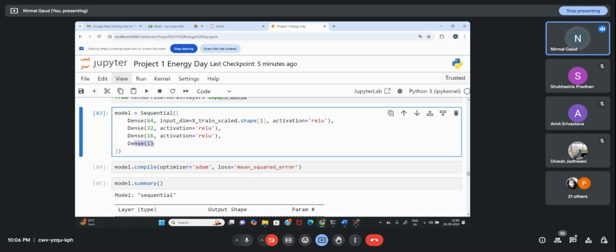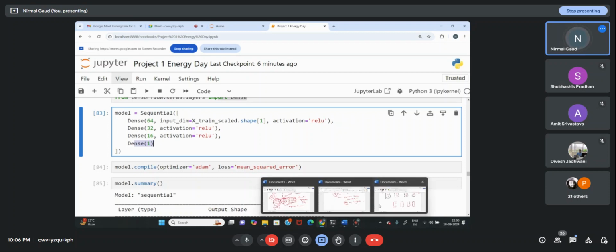We just build such an arrangement, and we see how much score we are getting. There is nothing fixed here. You may take many more dense layers, you may take any other layer also, you change the number of neurons. I took 64, 32, 16, and 1.